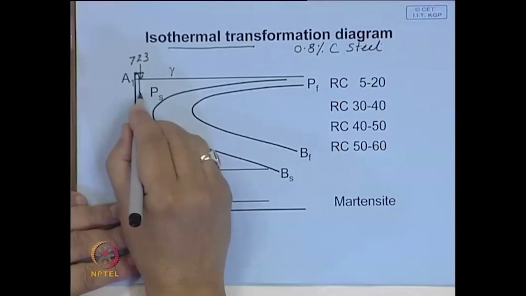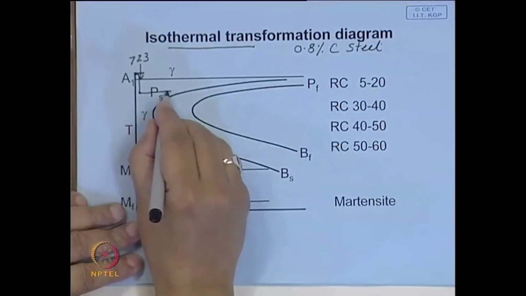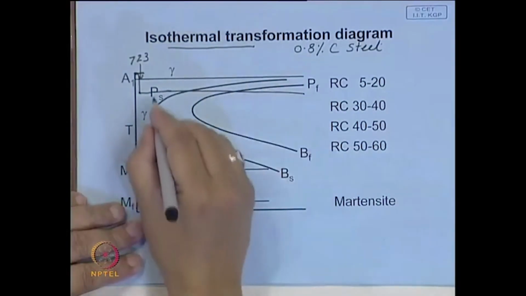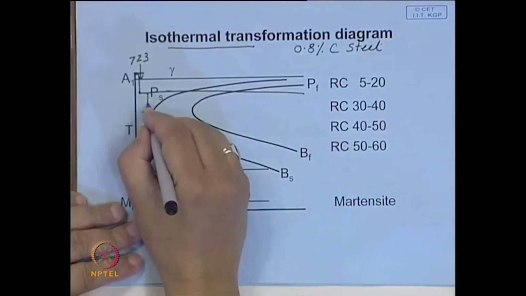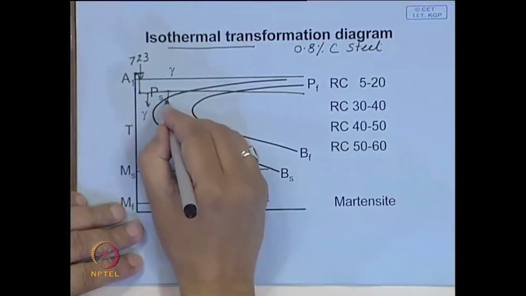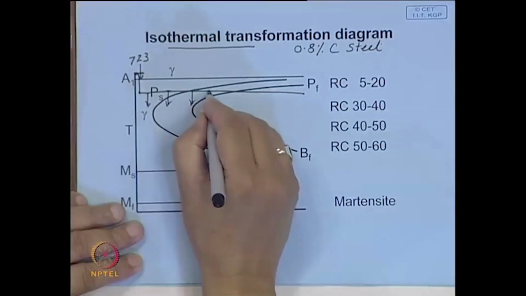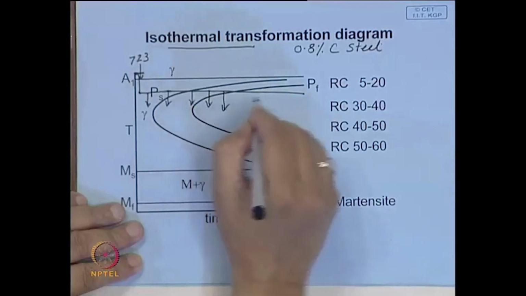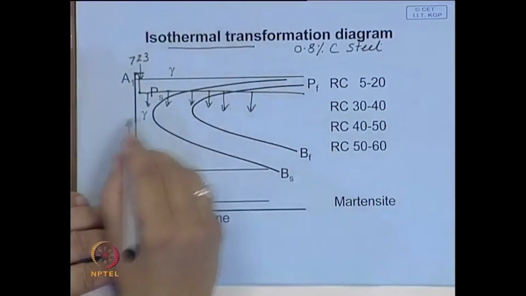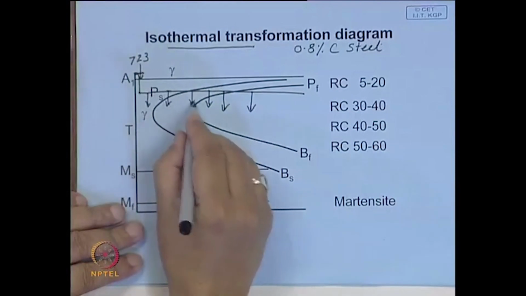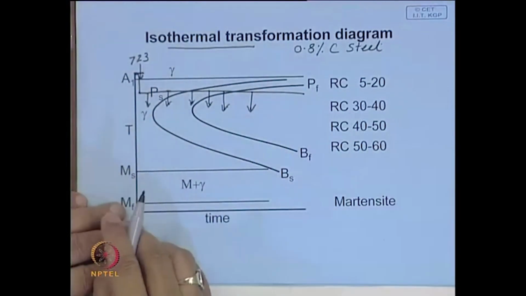sample and you are able to follow, say suppose you keep it for certain different lengths of time and then you quench, say one after this time, another after this time, another after this time, and you can look at the microstructure of each of these at room temperature.